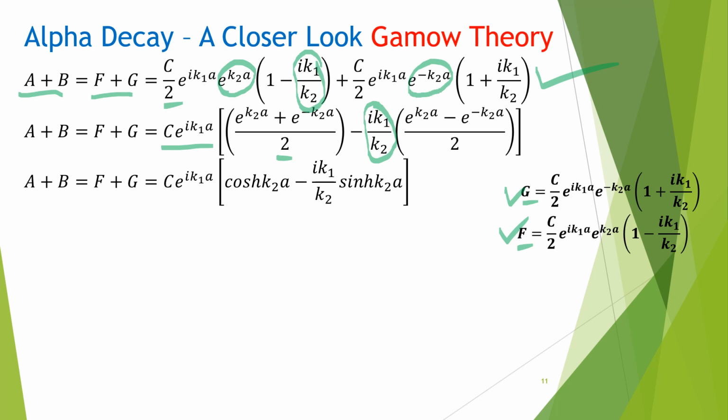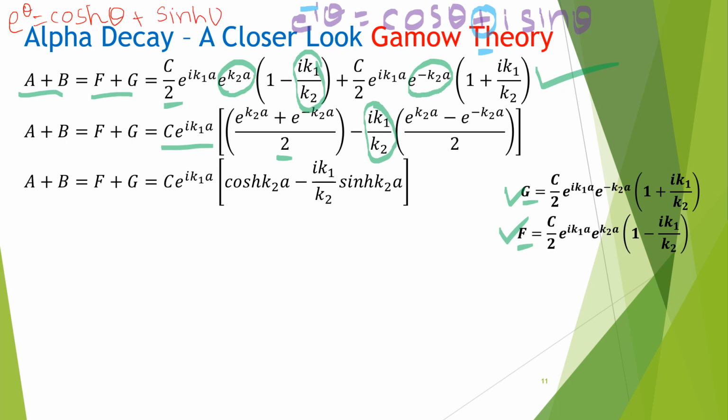Now here I want to tell you e to the power I theta we write as cos theta plus I times sin theta. And if it is with a minus sign, then this will be replaced by a minus sign. Similarly, e to the power theta is written as cosh theta plus sinh theta.